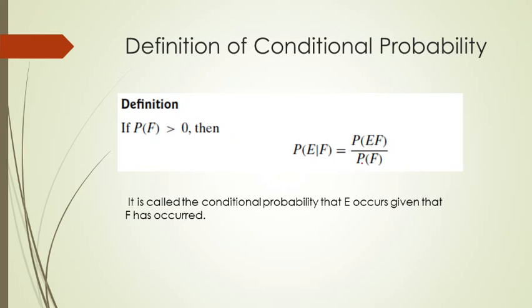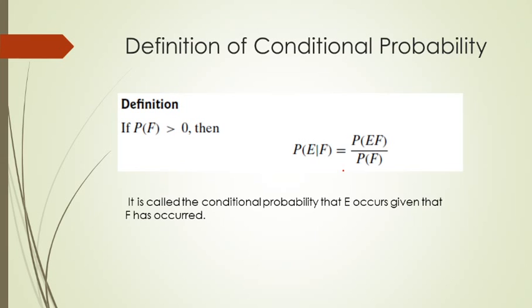If the probability of event F equals 0, that means, according to our equally likely outcomes, the event F is the null event, whose probability equals 0. We are not going to discuss that conditional probability.